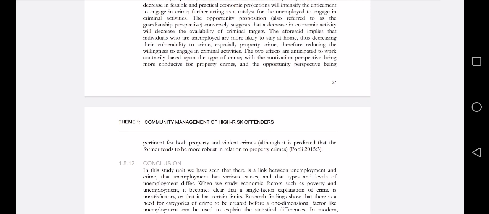The two effects are anticipated to work contrary based upon the type of crime, with the motivation perspective being more conducive for property crimes and the opportunity perspective being pertinent for both property and violent crimes, although it is predicted that the former tends to be more robust in relation to property crimes. 2015, page 3.